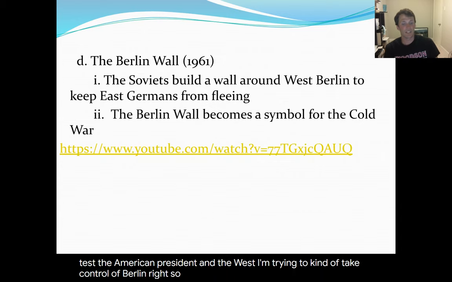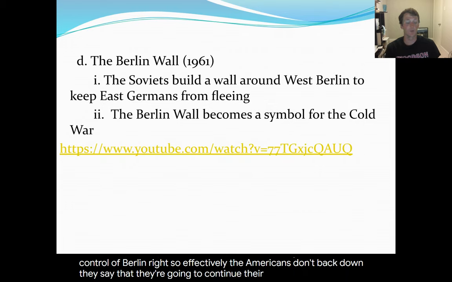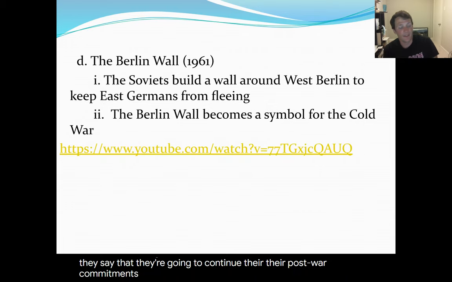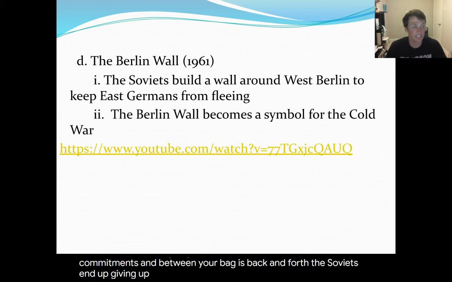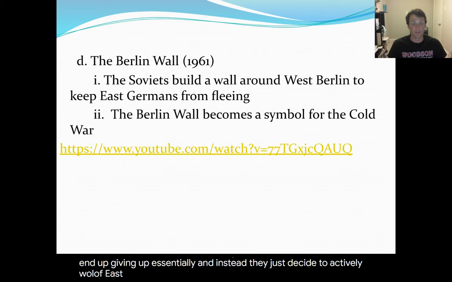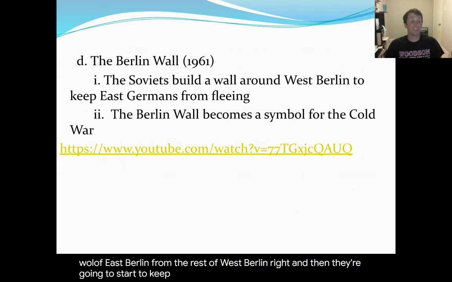So effectively, the Americans don't back down. They say that they're going to continue their post-war commitments, and between this back and forth, the Soviets end up giving up essentially, and instead they just decide to actively wall off East Berlin from West Berlin, right? And then they're going to start to keep East Germans from fleeing.